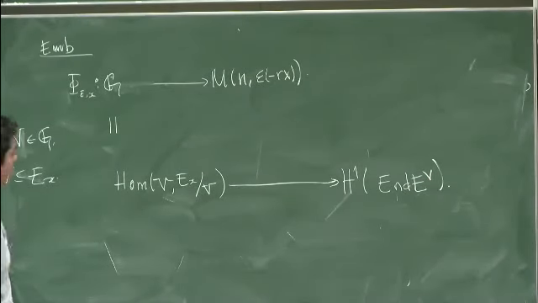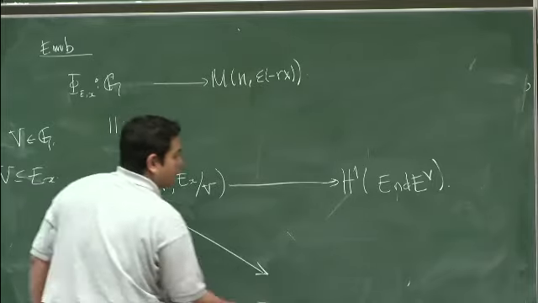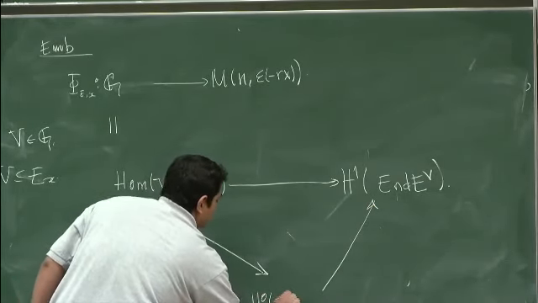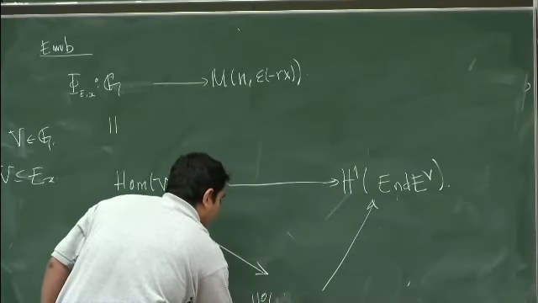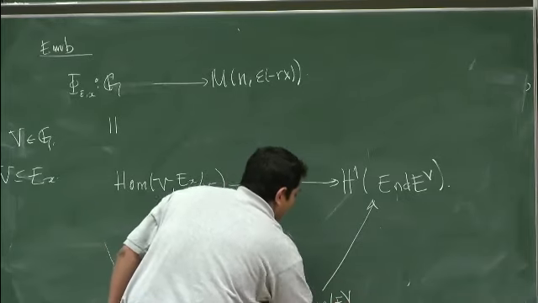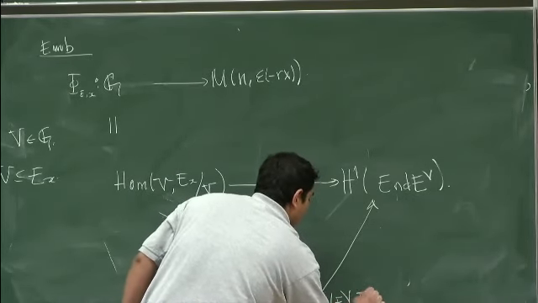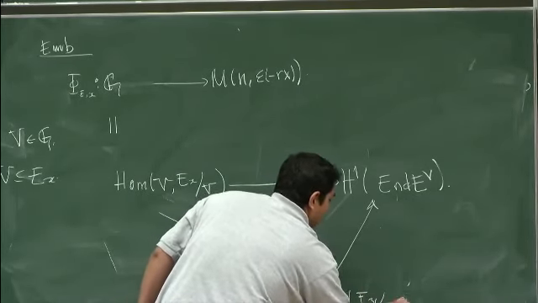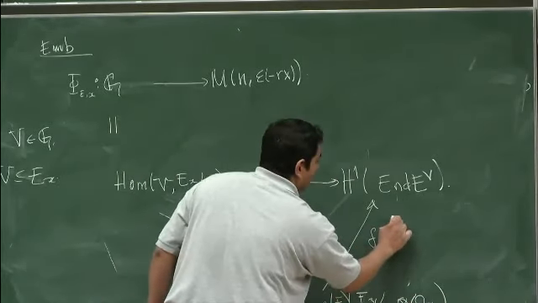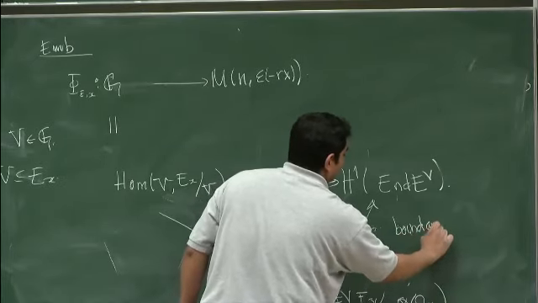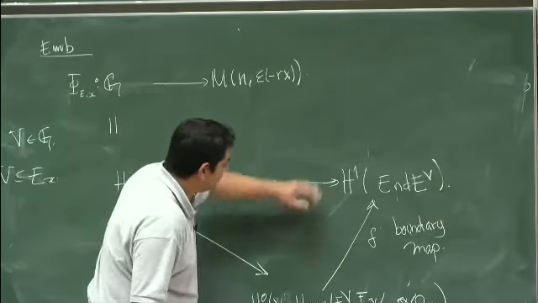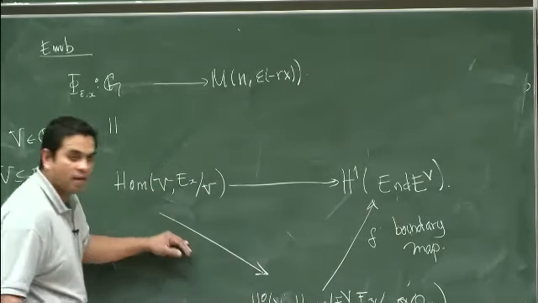But Narasimhan and Ramanan proved that this morphism factors through H0 of E_B to E_X tensor O_X, where this morphism is a boundary map. Then if I want to prove that this is injective, I'm going to prove that this is injective and also this is injective.